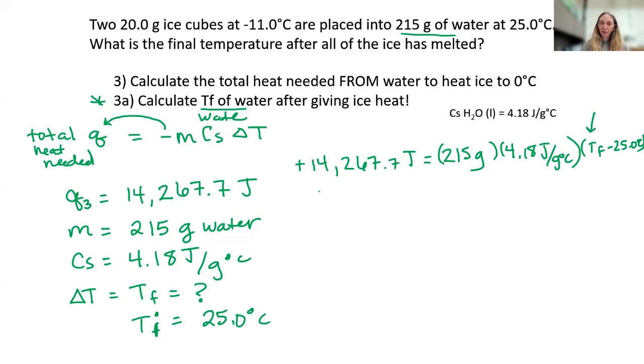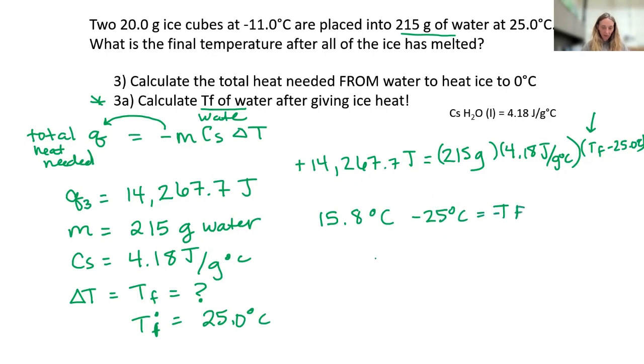Sometimes you can rearrange this equation first and then put the numbers in, but for this case with the TF, I just figure it's easier to do this way. Okay, so we're going to multiply across and distribute this, and it reduces down to 15.8 degrees Celsius minus 25 degrees Celsius equals negative TF.